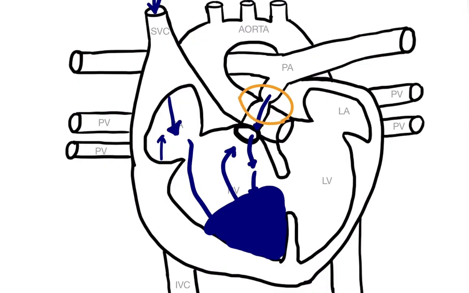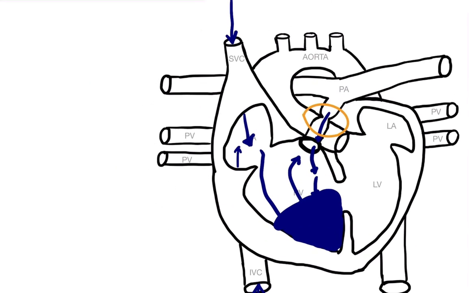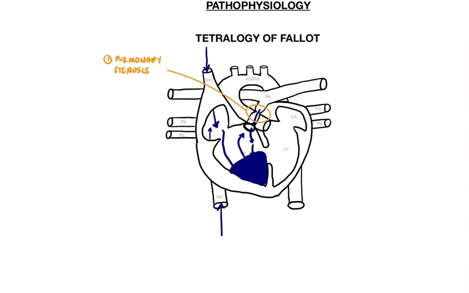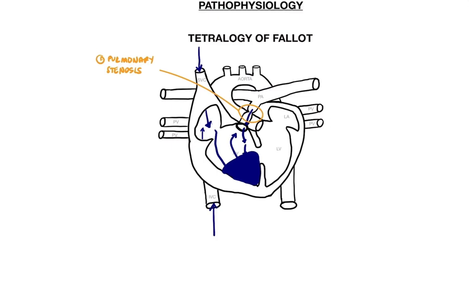Our first problem is the pulmonary stenosis, the narrowing of our pulmonary artery. Now let's continue.